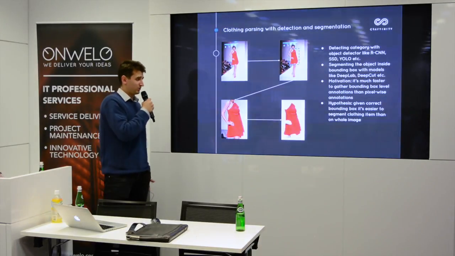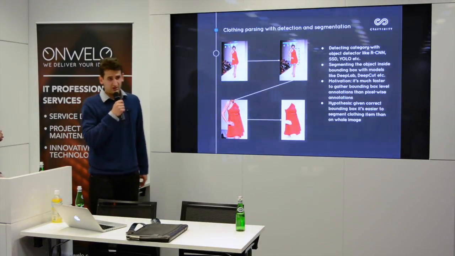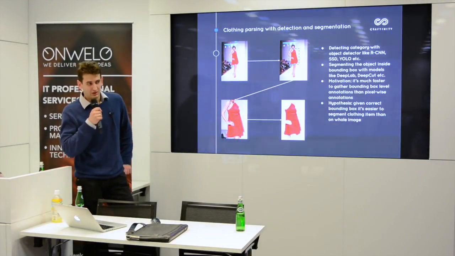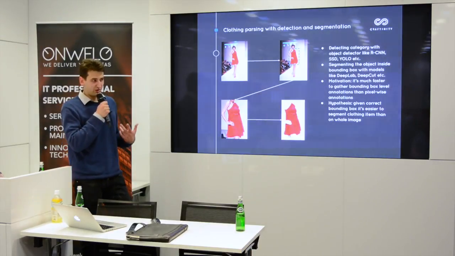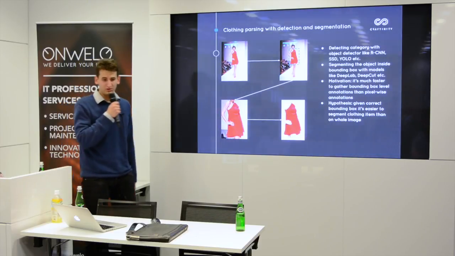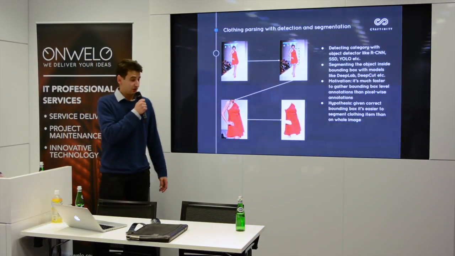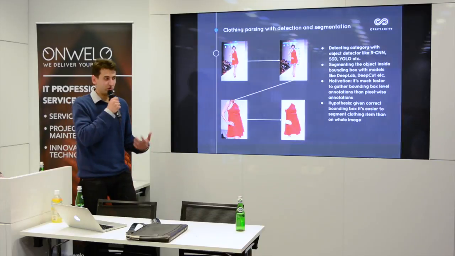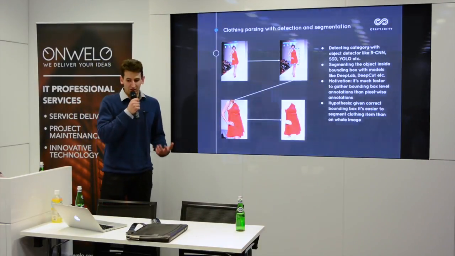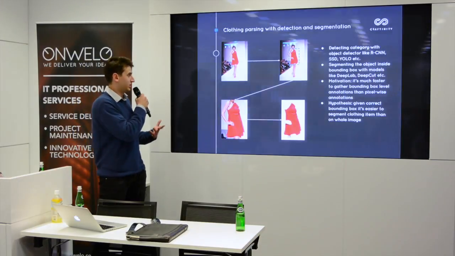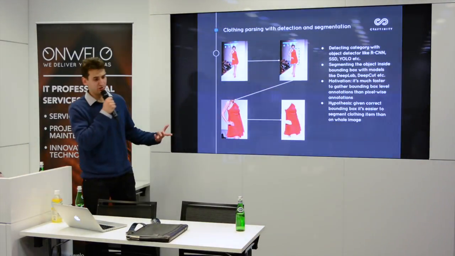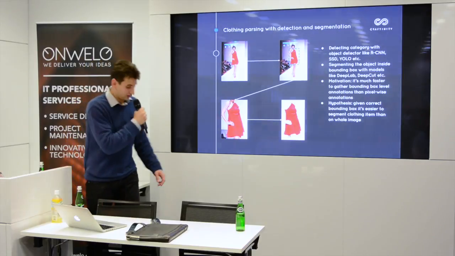And our hypothesis here is that if we have an exact bounding box around the object, performing the segmentation in this bounding box should be much easier than doing the general segmentation, than trying to detect the mask for the category from the whole image.